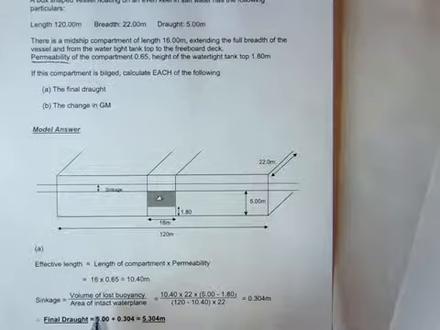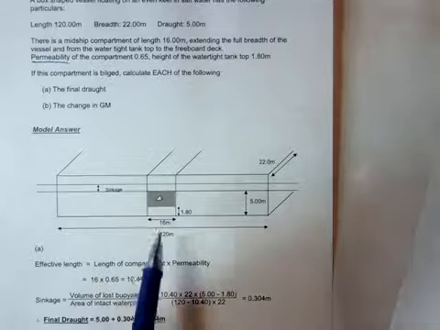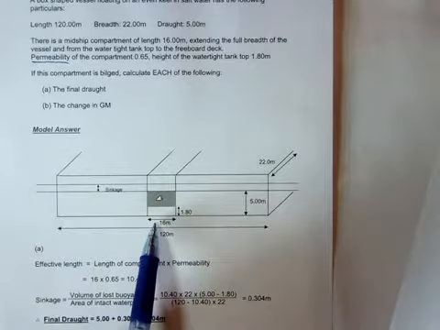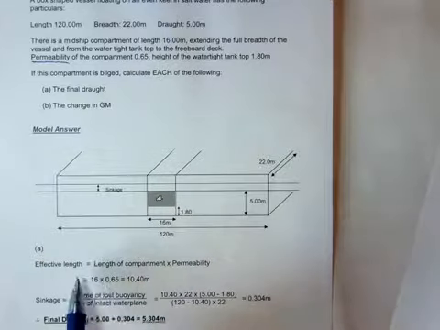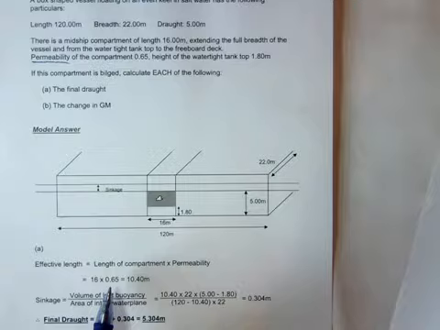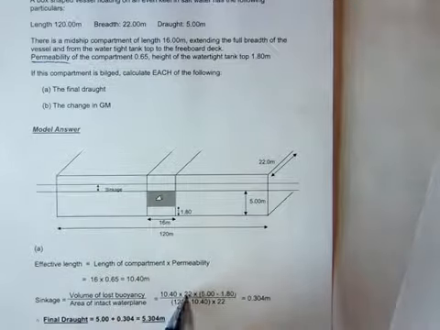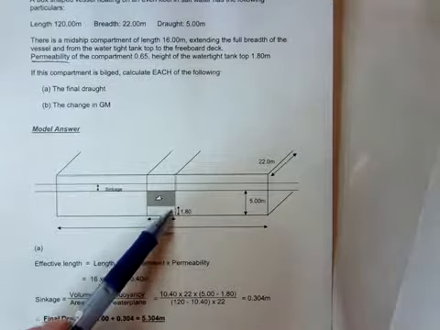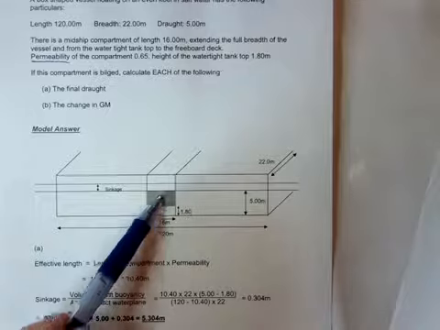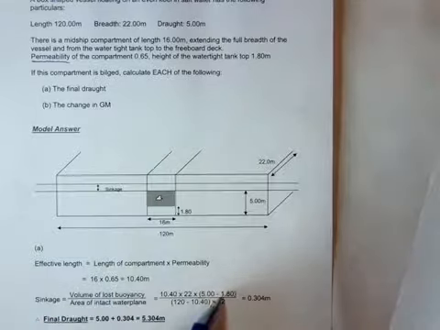Now the volume of lost buoyancy, if we look here, it's not the length of 16 metres. Because we've got a permeability of 0.65, the effective length of the compartment is 16 times 0.65, 10.4. So it's 10.4 by the breadth, by the depth. Remember, because you've got this tank top of 1.8, this is actually the depth, 5 minus 1.8.